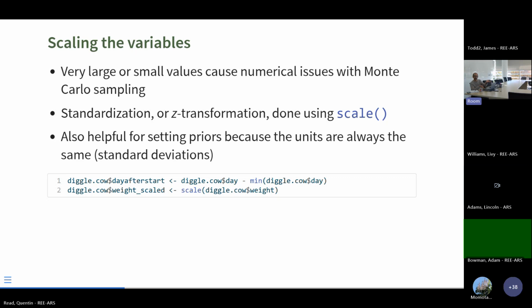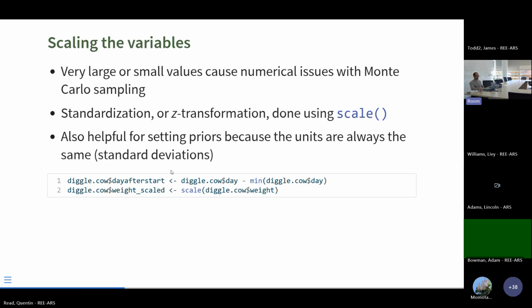This one is in smaller units, so the prior is mean of 0, standard deviation of 1, or whatever. If you scale everything to be in standard deviation units, you can use the same priors for all the fixed effects without having to think about units. And it won't affect the inference because you're just multiplying and adding by constants. So I always do that.